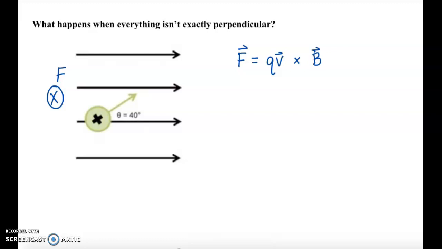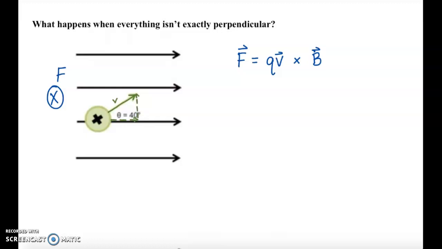So we need to make sure that this velocity, this green vector that we're given, that we're only considering the perpendicular portion in relation to the magnetic field as well as the force. So I'm going to draw in some components here. I'm going to split this velocity vector up into its horizontal component and its vertical component.